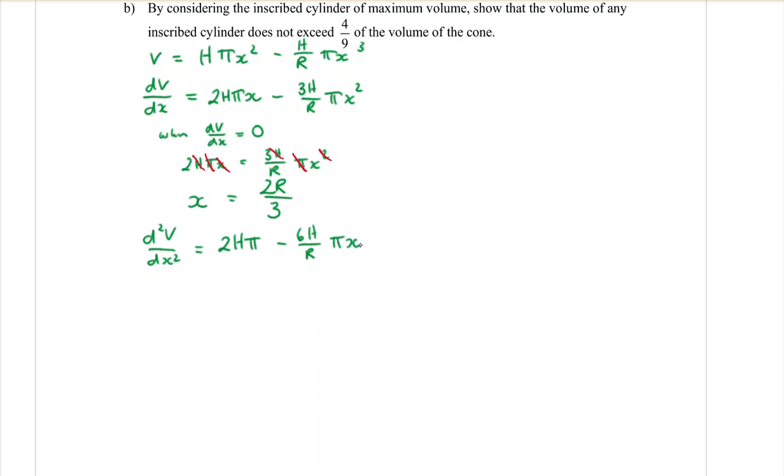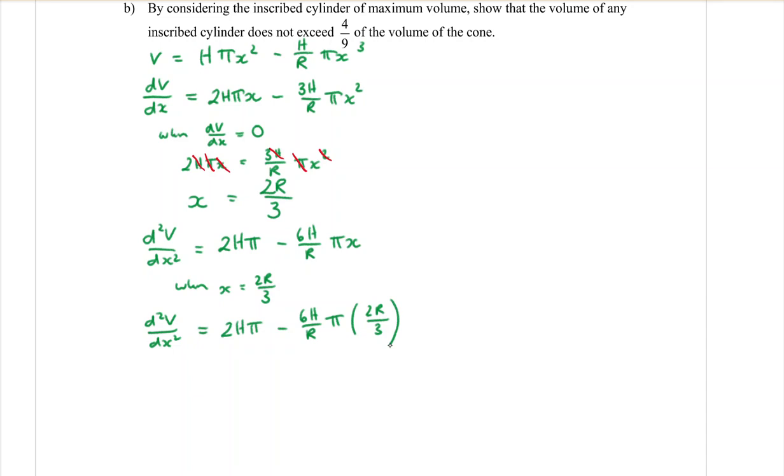All right. I need to sub my x value into that to see if it's a maximum or a minimum. So when x equals 2r over 3, my second derivative is equal to, the first term is just 2h pi, there's nothing to sub in there, minus 6h over r pi, it's only the x on the very end, which is 2r over 3.